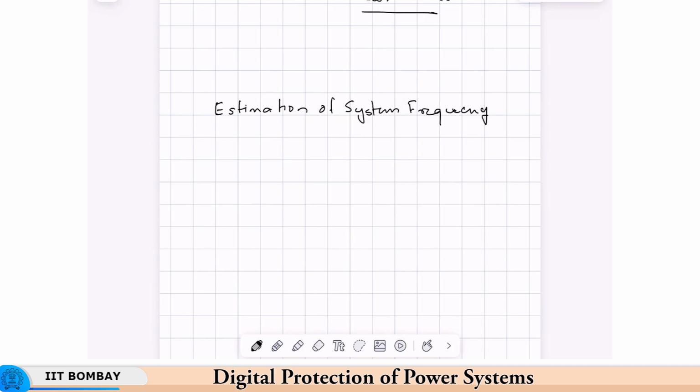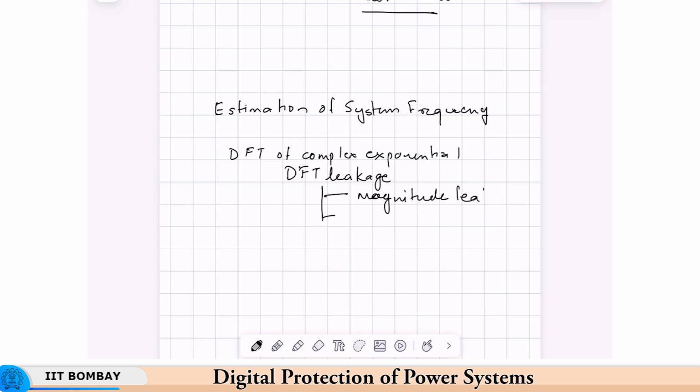For estimating system frequency, what we will cover is DFT of complex exponential. From that we will have a look at DFT leakage after we develop the DFT of a complex exponential. DFT leakage will be both magnitude leakage and phase angle.